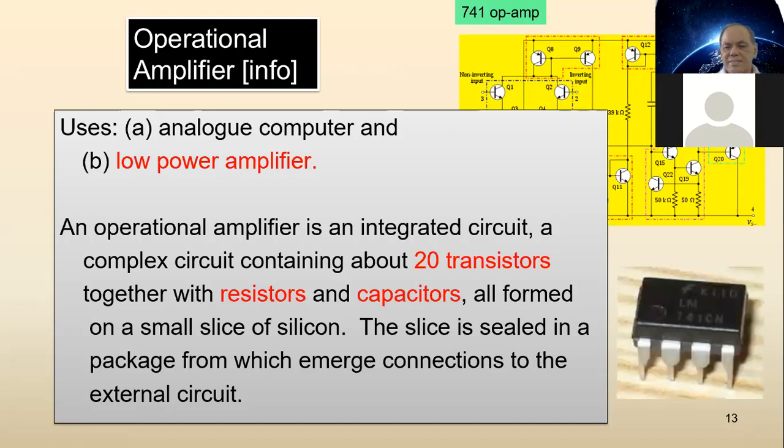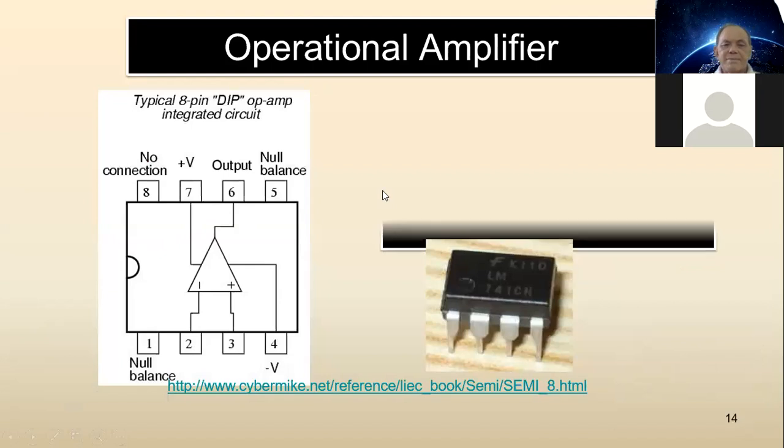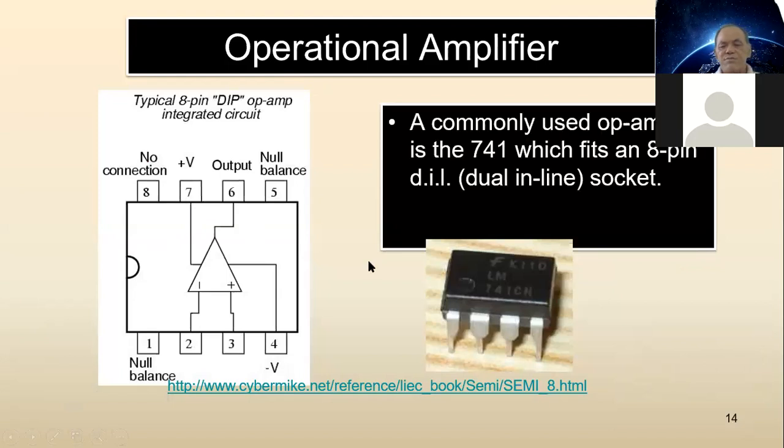Right? That's how it looks like. And that's how we can see the circuit inside there. Representation only. This is a simple operational amplifier. There's a pin that we have to connect. Right? This is for your information. You don't need to know so much about that. The one we are interested in is 741.